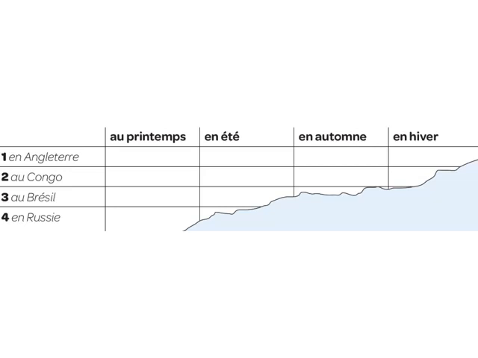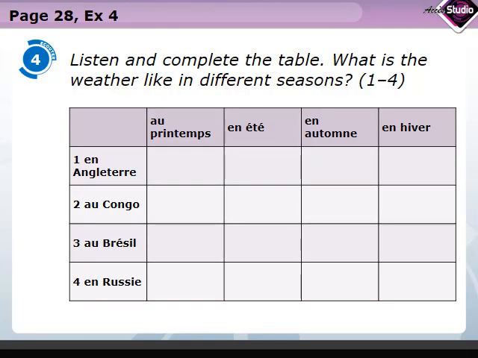Okay, then you need 4 headings. You don't need to draw columns, but we've got au printemps, en été, en automne, en hiver, the 4 seasons. We're listening out for what the weather is going to be like. So, here we go. Listen and complete the table.